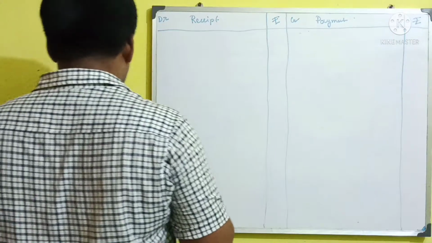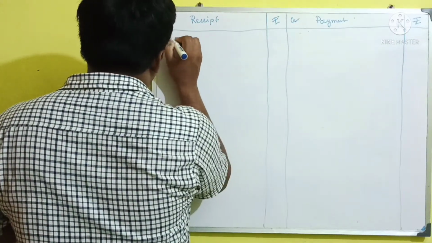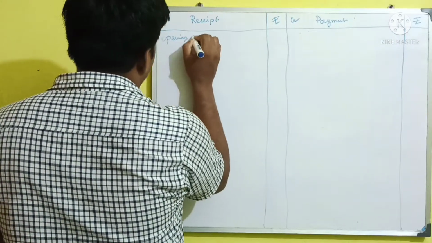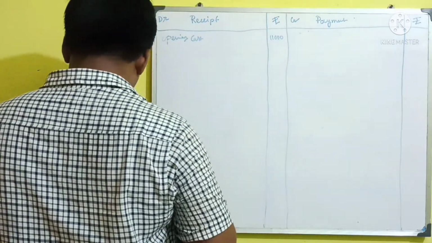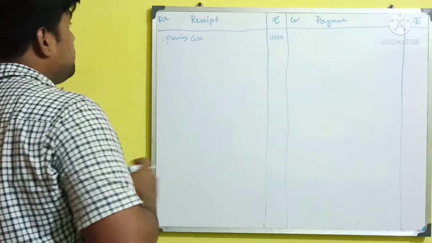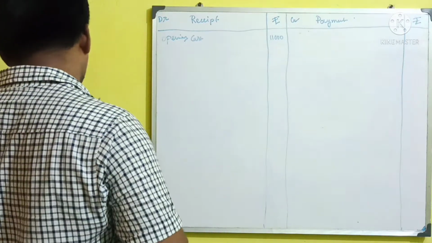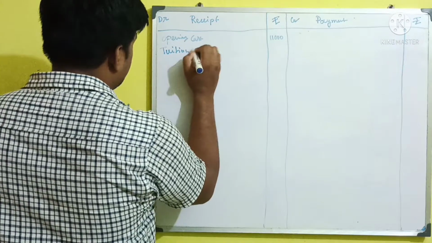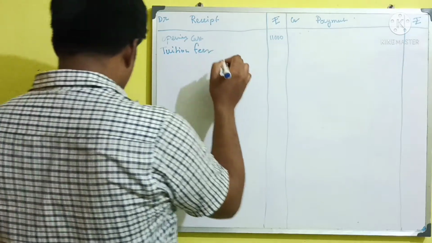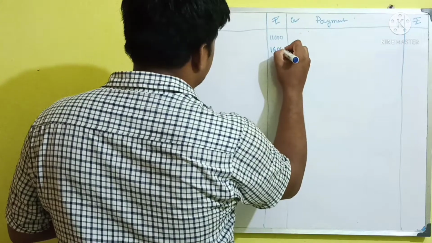The opening balance is 11,000. Tuition fees, which is a receipt entry. Tuition fees is rupees 1,60,000.